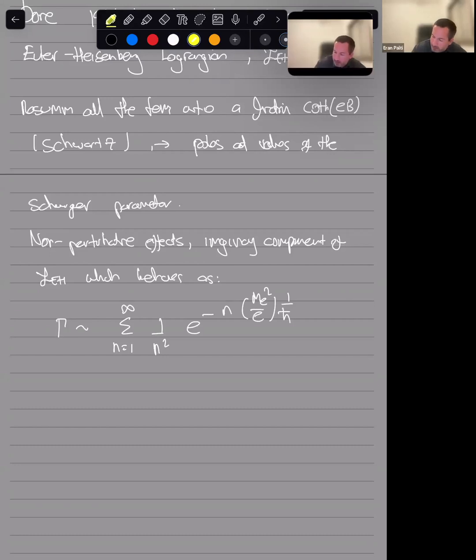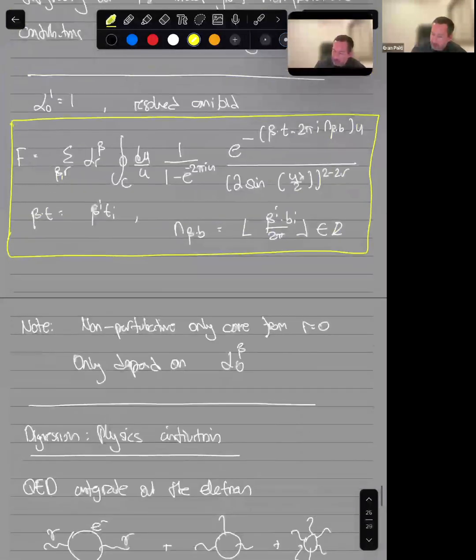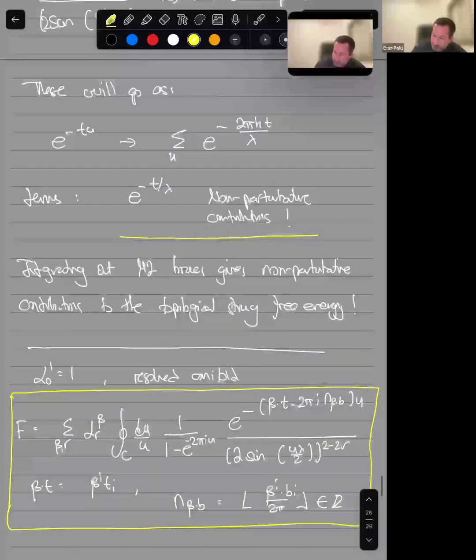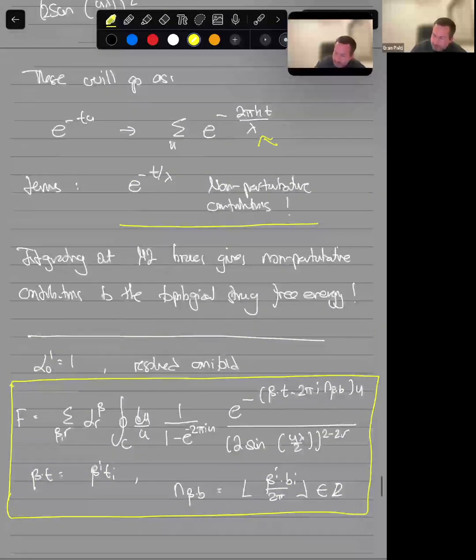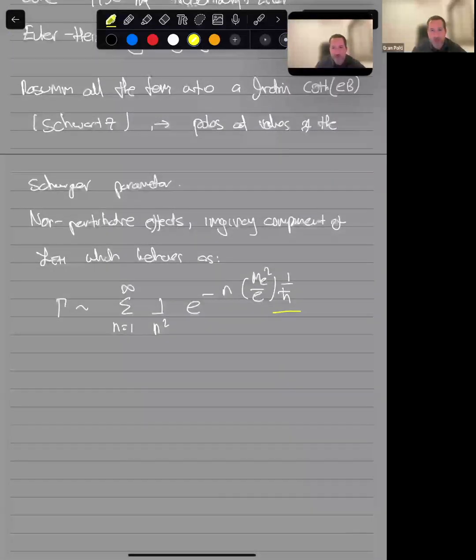Okay, so what do we see? We have a 1 over h bar, just like we have a 1 over lambda here. That means these are non-perturbative terms, just like we had non-perturbative terms in our calculation. And they even go like the mass over the charge. Remember, in our case, the mass is like the charge, since it's a BPS particle.